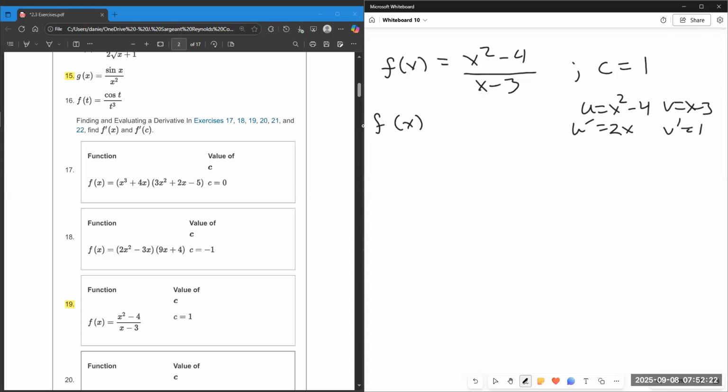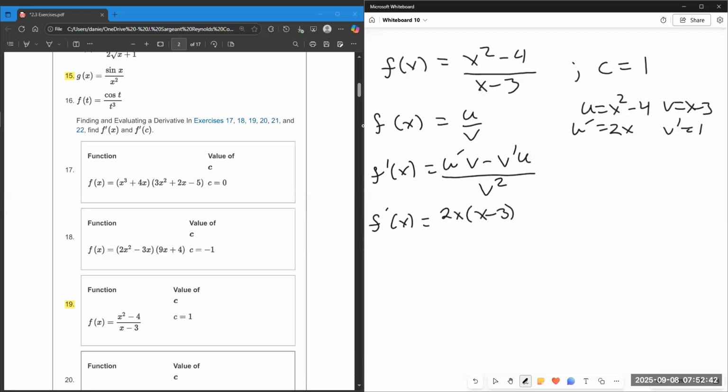F of x is u divided by v. F prime of x is u prime v minus v prime u all over v squared. F prime of x is 2x times x minus 3 minus 1 times x squared minus 4 over x minus 3 quantity squared.